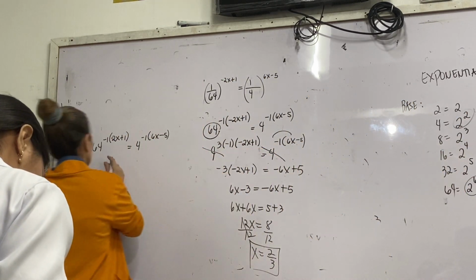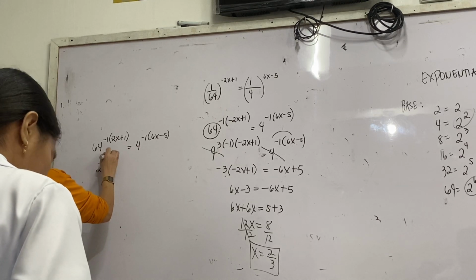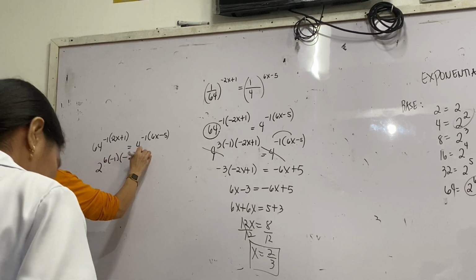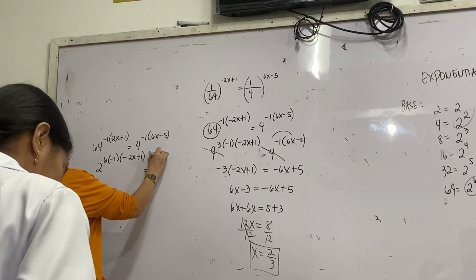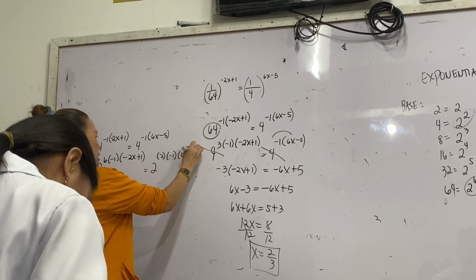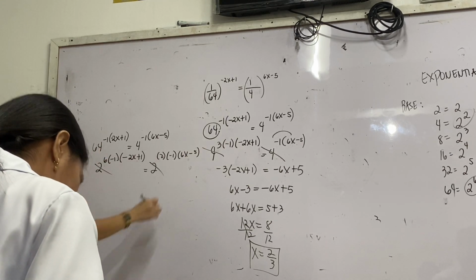So we have 2 raised to 6 times negative 1, negative 2x plus 1. 2 times 2 times negative 1, 6x minus 5.